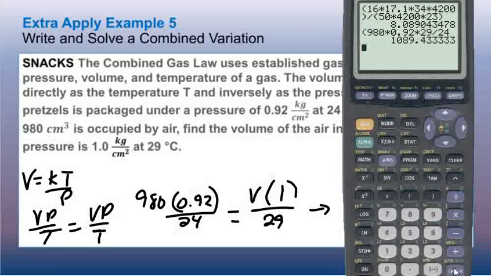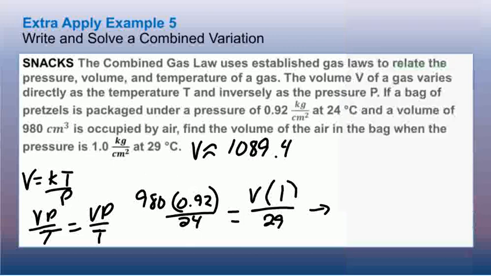If we round it to the nearest tenth, 1,089.4. So the volume would be roughly 1,089.4, and that would be cubic centimeters. So that is our lesson on variation.